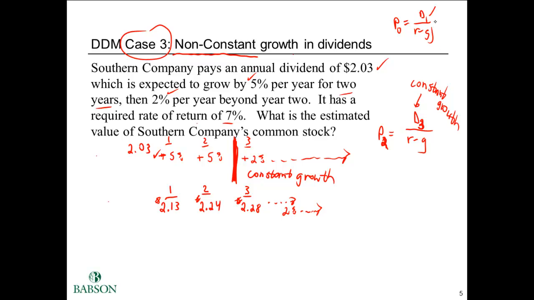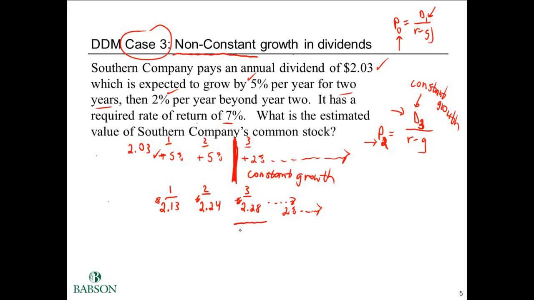Again, P0 is D1 over R minus G. So if we plug in the year 1 dividend, the formula will spit out a value for year 0. Thus, if we plug in the year 3 dividend, the formula will spit out the value of the stock in year 2. That's also called the stock's terminal value.